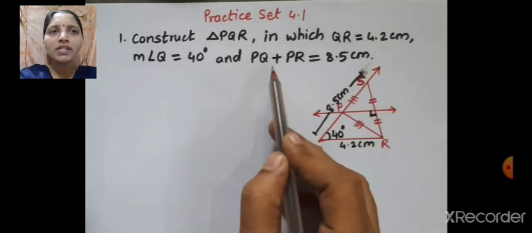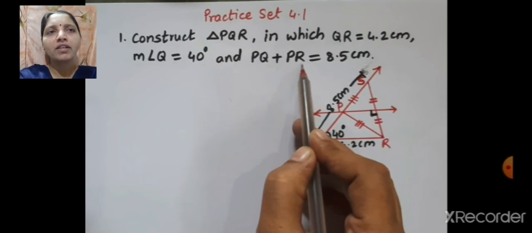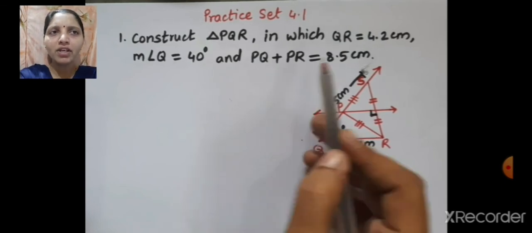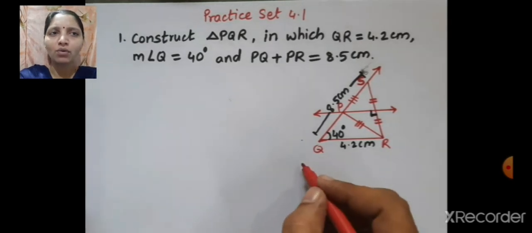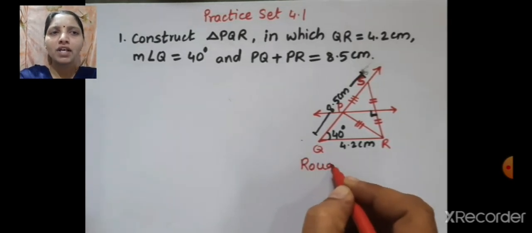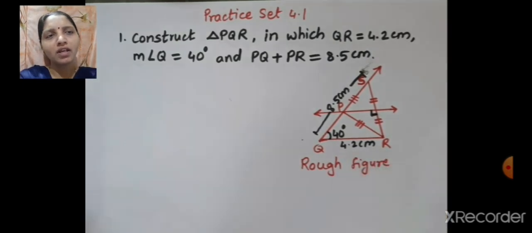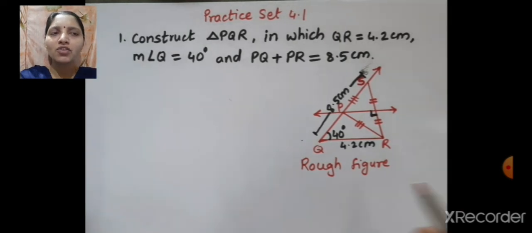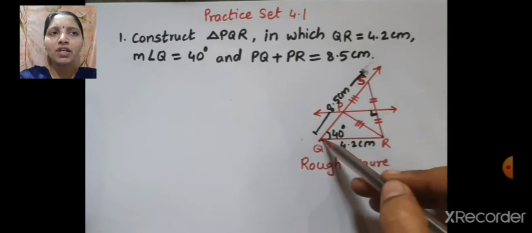Here one side and one adjacent angle is given, and along with that the sum of lengths of two sides is given. Using this information we have to construct triangle PQR. First step is, you have to draw a rough figure using this information. First you will draw the base of this triangle, that is segment QR of 4.2 centimeter.